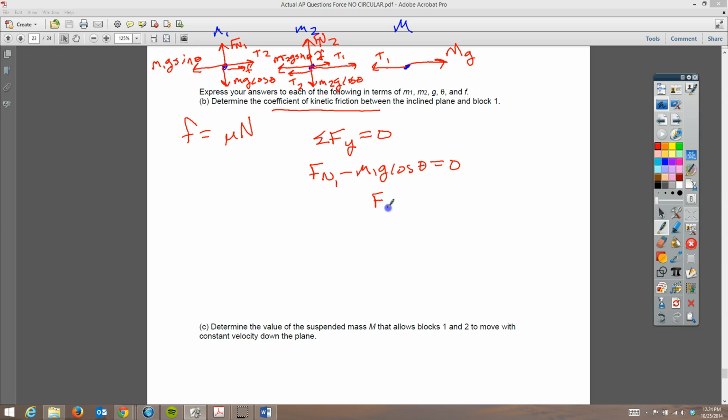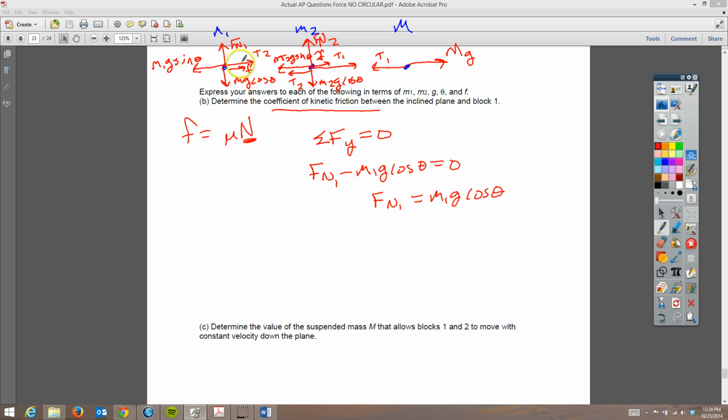So essentially we can say the normal force for number 1 is equal to m1g times the cosine of the angle. Now that I know what Fn is, we can find the coefficient of friction. But to do that, we need to know what F is equal to.